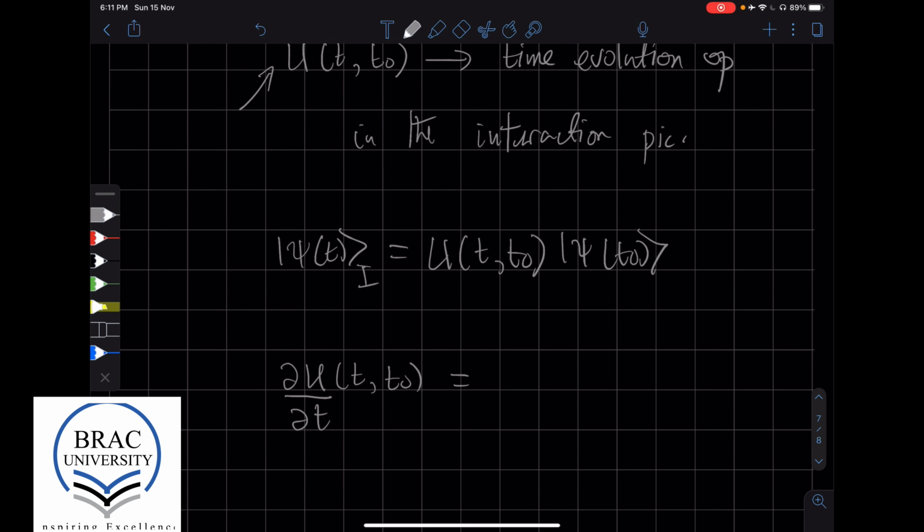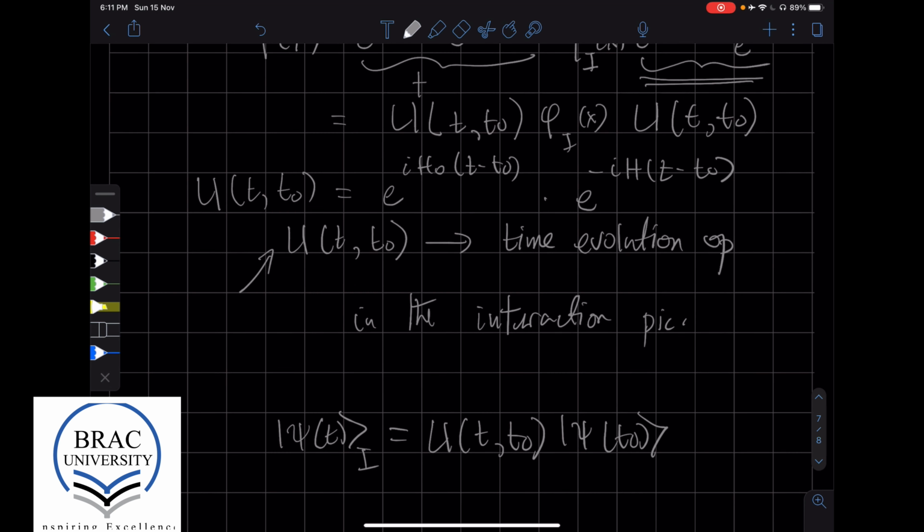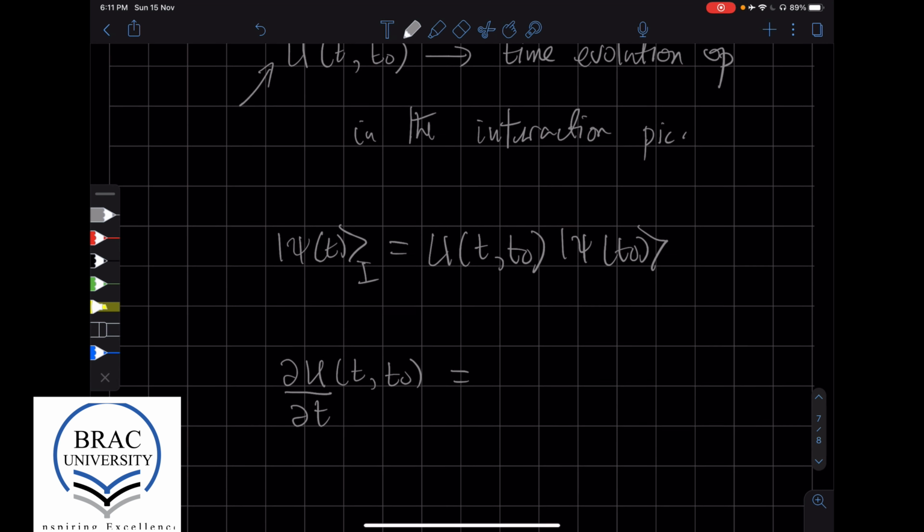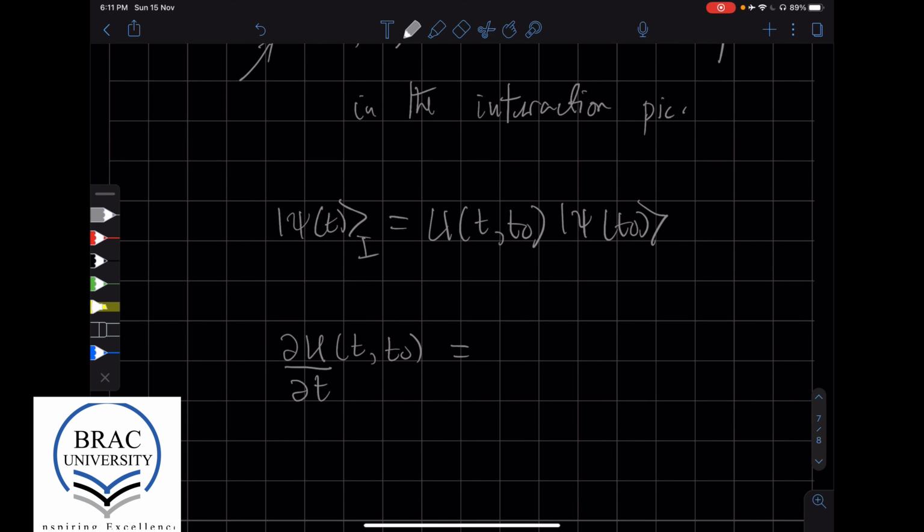If I take the derivative of this, what will I get? I'll get two terms. The first term will be the derivative of the first factor, and from there I will get i times e to the power i H0 (t minus t0) times H0. So i H0 comes down, and then we'll have e to the power minus i H (t minus t0).